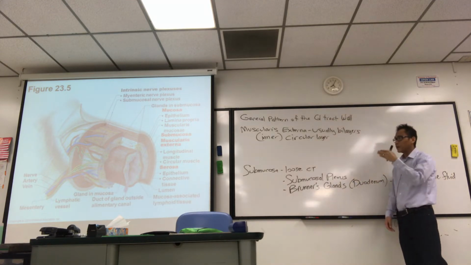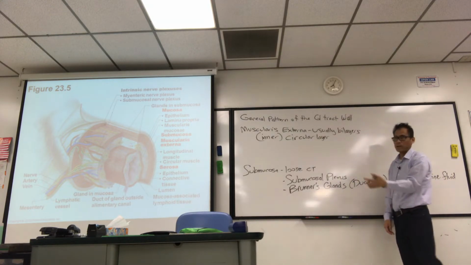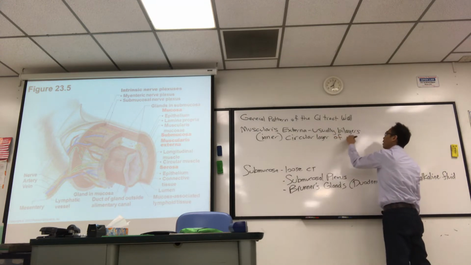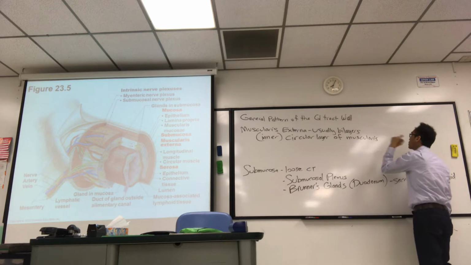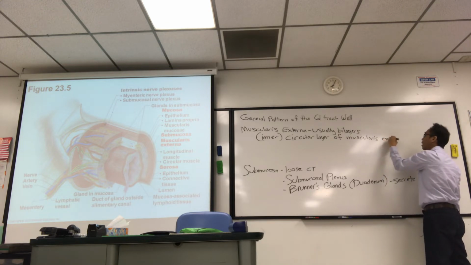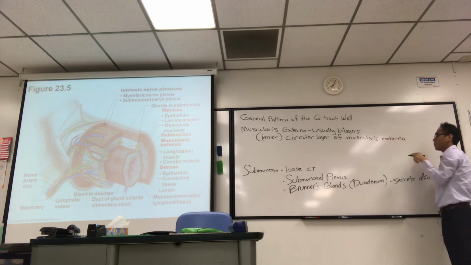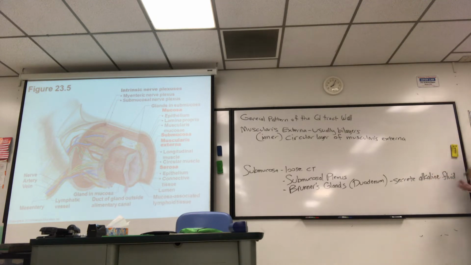You always have to put of muscularis externa. And by being a circular layer, you can kind of pinch shut the digestive tract. If you're a tube, you can kind of squeeze like that, help push the food forward.